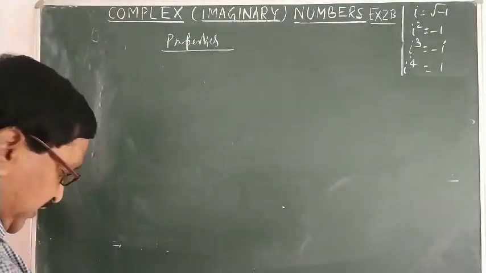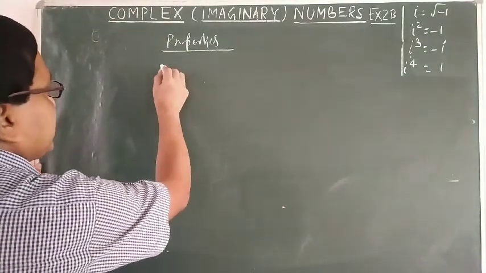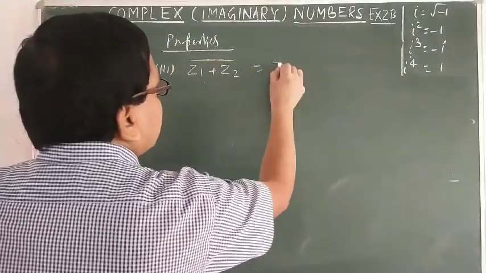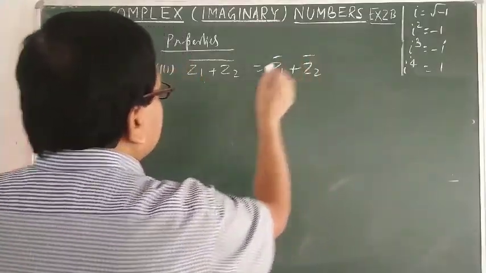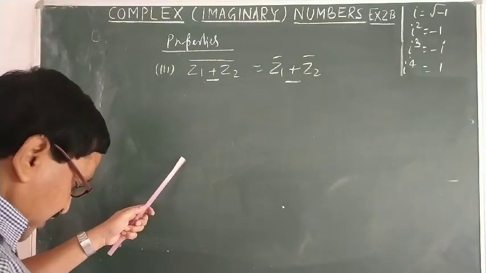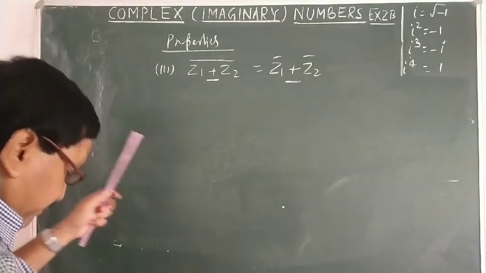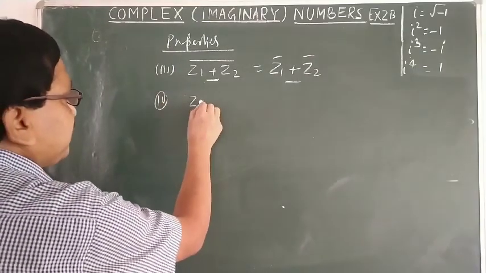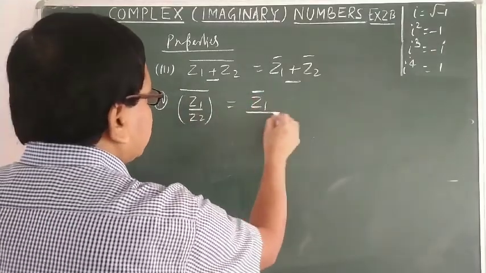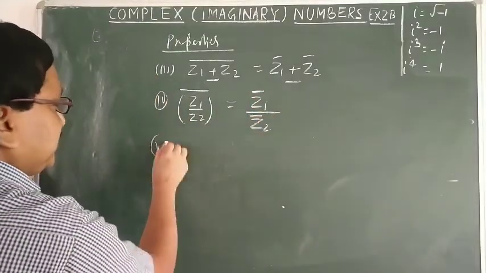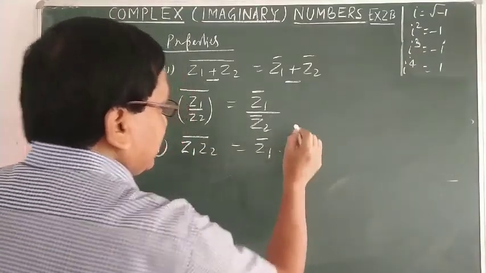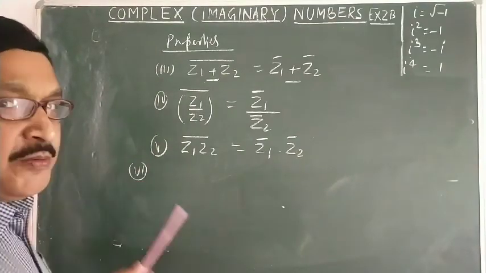So in the same way, there are many properties to be known by the students. Third property: the conjugate of z1 plus z2 is equal to z1 bar plus z2 bar. Similarly for minus, the bar can be distributed over the terms. Fourth, the conjugate of z1 by z2 is equal to z1 bar by z2 bar. Similarly, fifth, the conjugate of z1 z2 is equal to z1 bar into z2 bar. Similarly, there are properties of modulus.